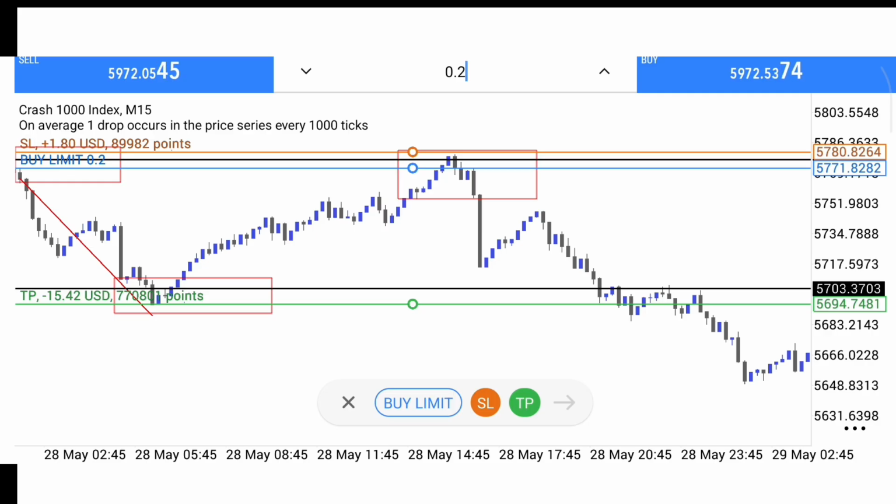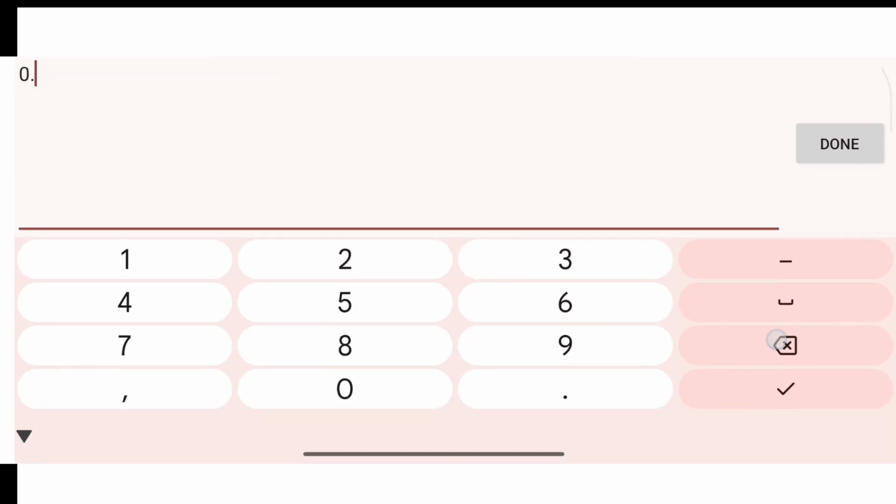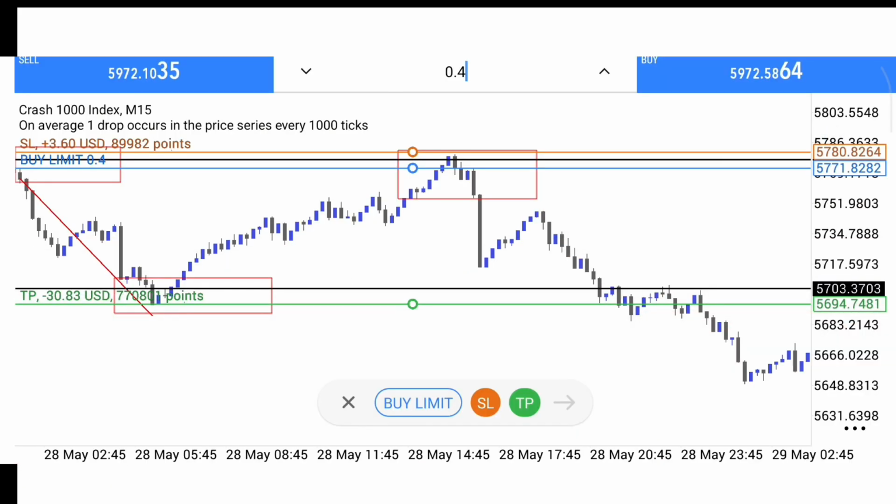That's crazy. Let's say you want to increase your appetite and put it on 0.4. That is a 3.60 risk. You'll be making $30. That is your account. You're making your whole account in one trade.